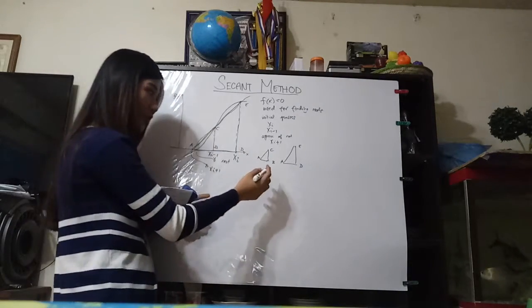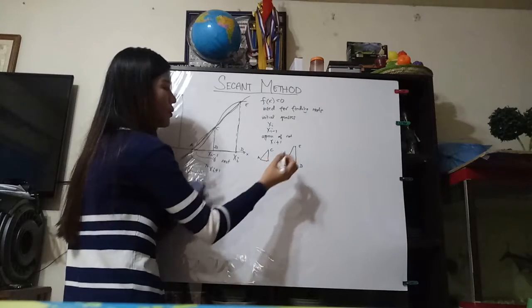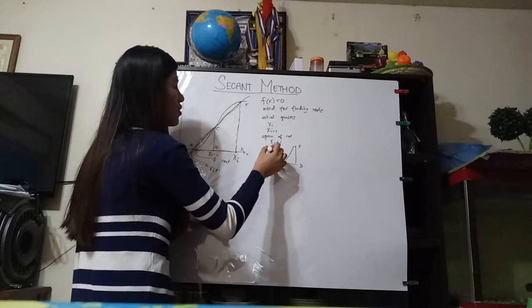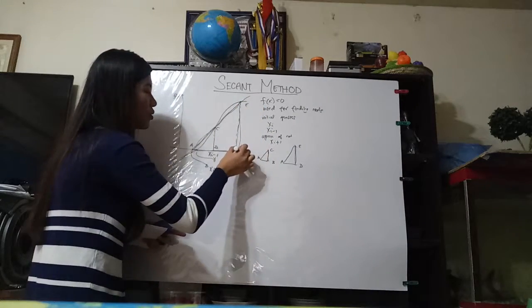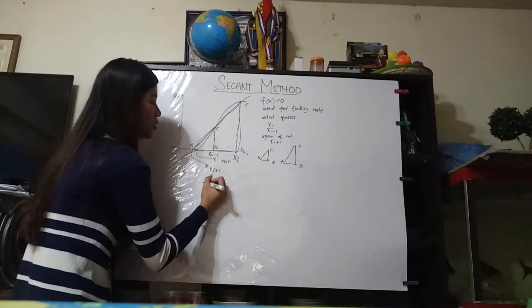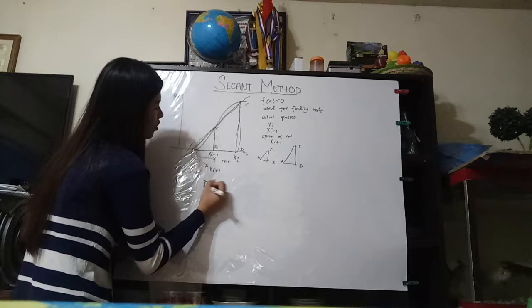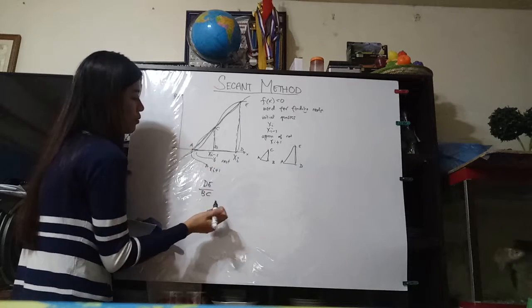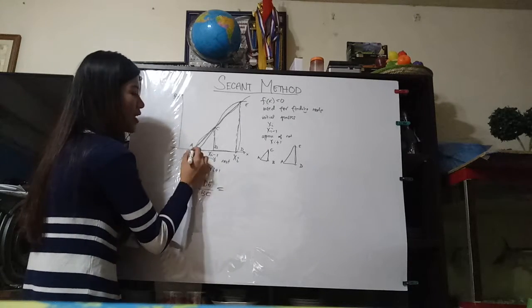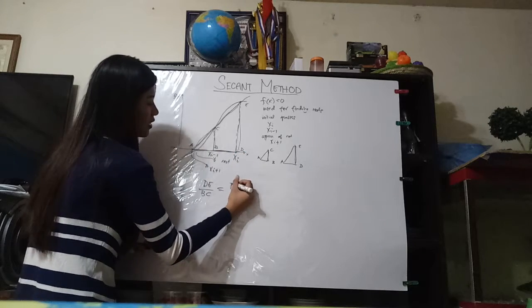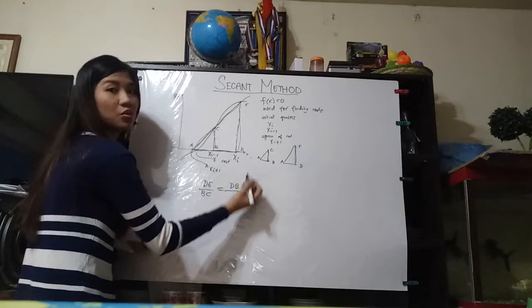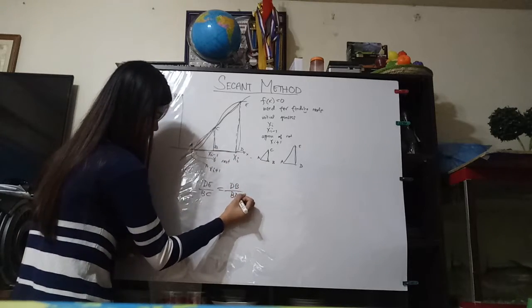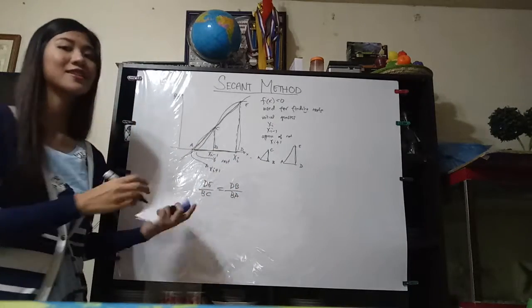Now, what we're trying to do here is get the ratio of the heights, from D to E and C to B. So our height D to E over B to C would be equivalent to the length of D to B over the length of B to A. This is our similar triangles here.